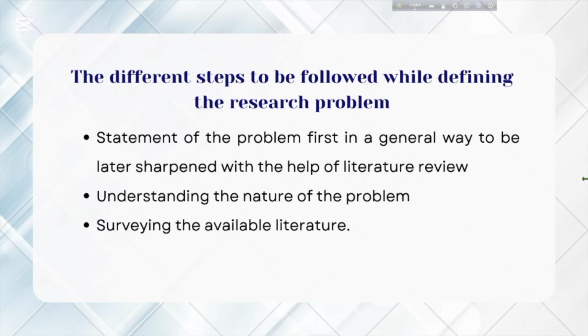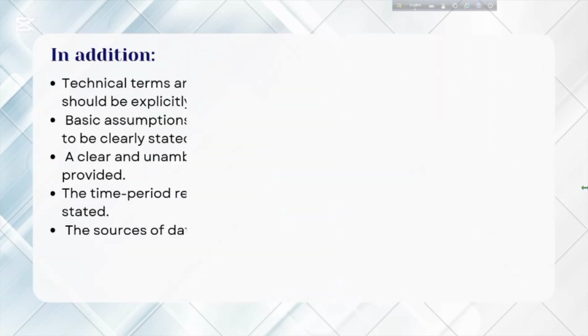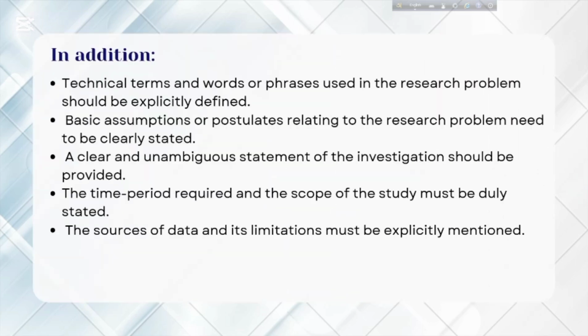The different steps to be followed while defining the research problem are, first, a statement of the problem in a general way, to be later sharpened with the help of literature review, understanding the nature of the problem, and surveying the available literature. In addition, technical terms and words or phrases used in the research problem should be explicitly defined.